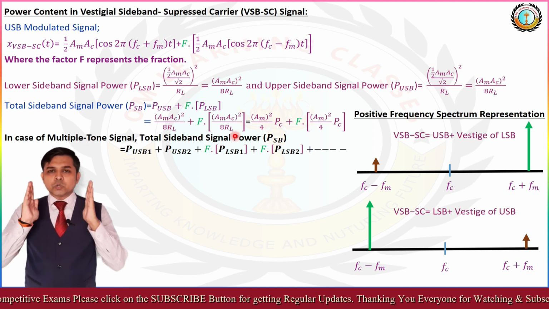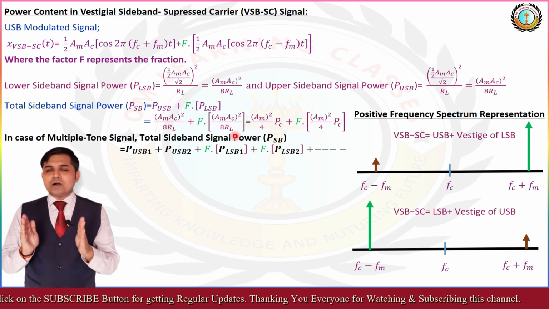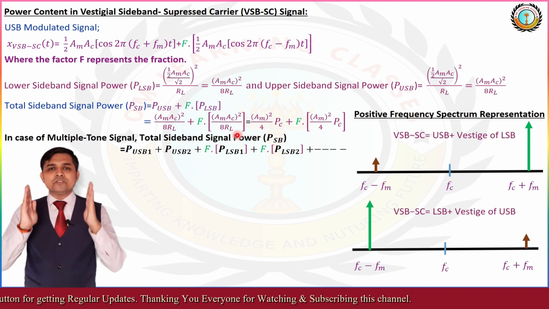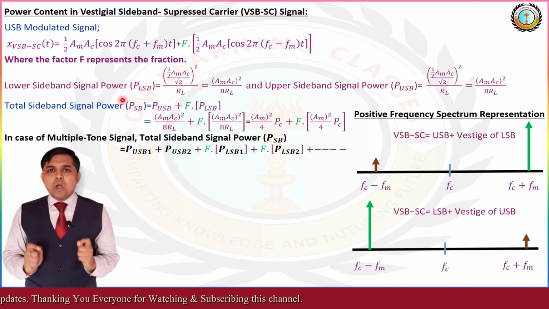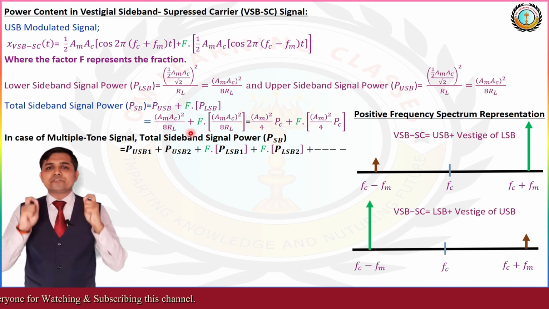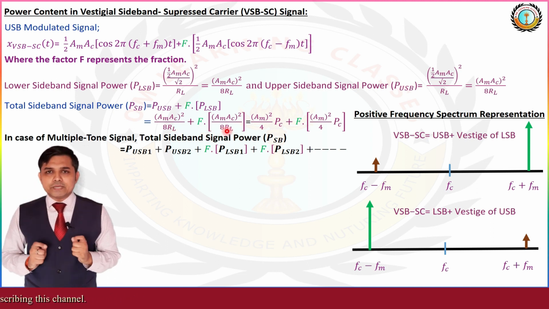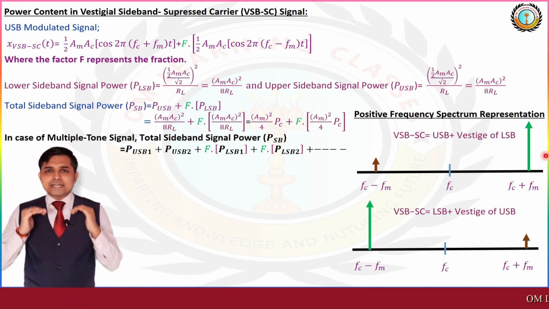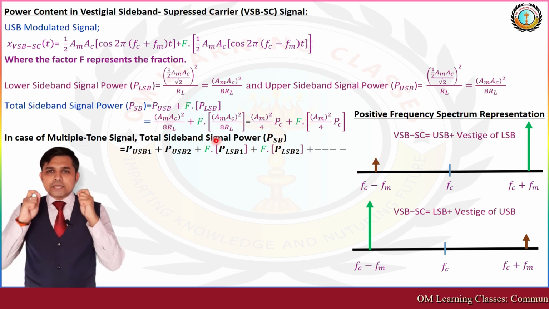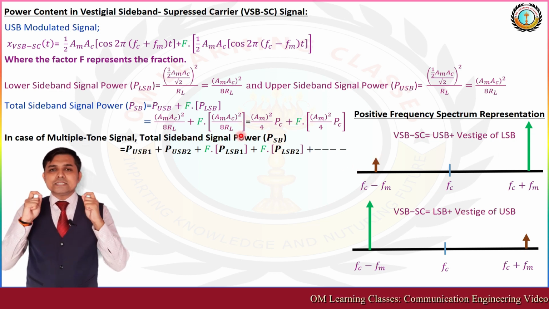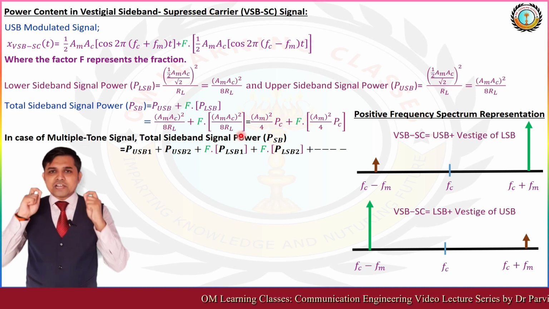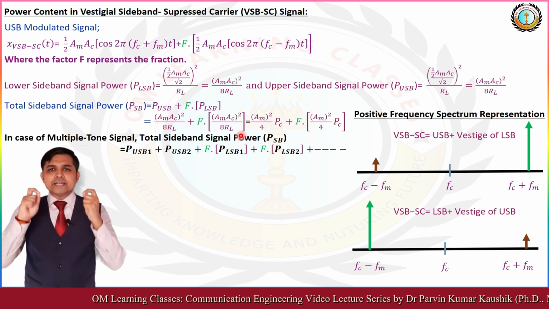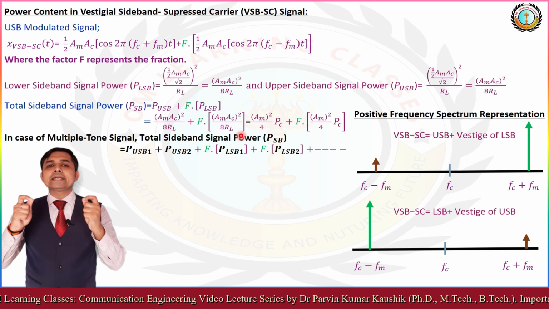For the total sideband signal power of the VSBSC wave, we have P USB plus the fraction value of P LSB, which is equivalent to Am square into Ac square by 8 RL plus the fraction value of Am square into Ac square by 8 RL.